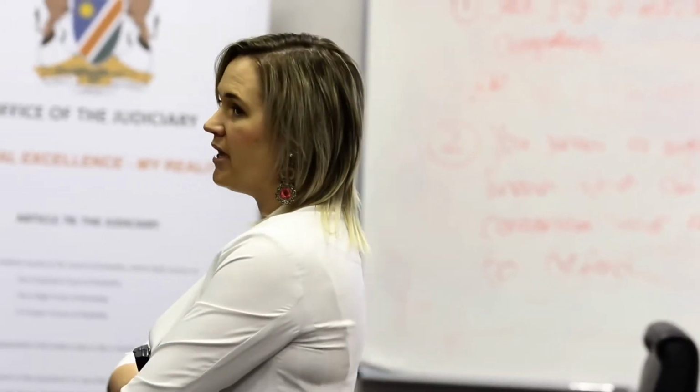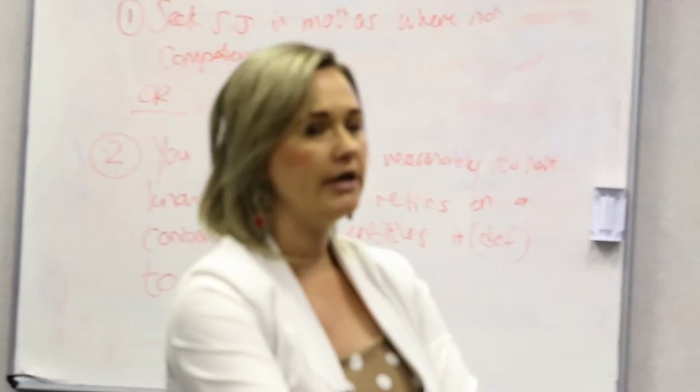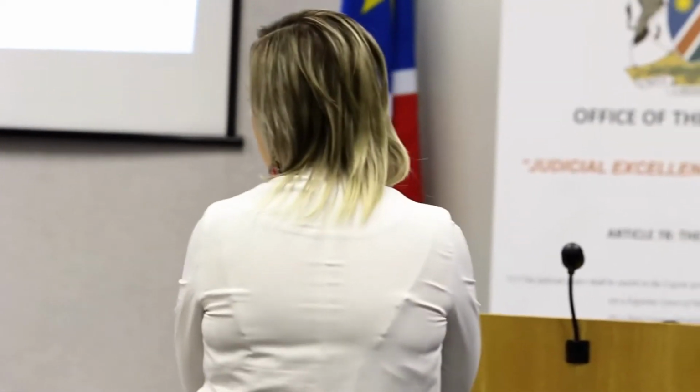So if you want to apply for an amendment of your pleadings, you follow the procedure set out in Rule 52, which says you need to deliver a notice to all the parties to the suit, setting out exactly what it is that you want to amend. Say, I wish to amend paragraph 1 of the particulars of claim by deleting the whole paragraph and substituting it with the following, or deleting that sentence and putting in this, or whatever.